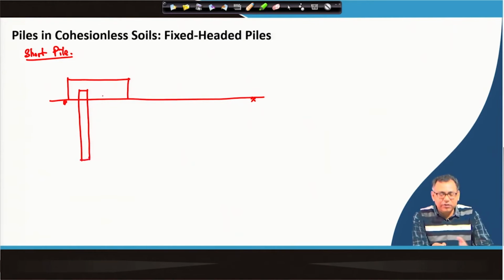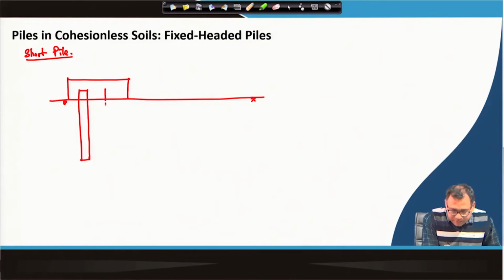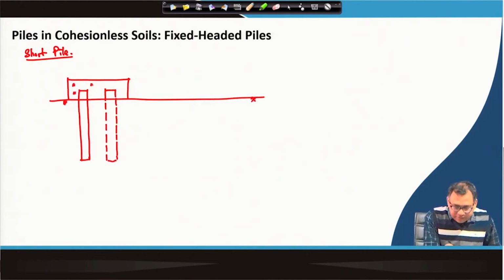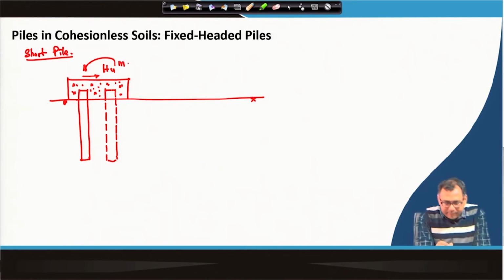So, again here also the total pile will move laterally, because it is a short pile and it is a fixed headed pile. So, this is the fixed head or say pile cap. So, we are applying Hu, and definitely there will be a moment M. Okay. So, this is deflection.